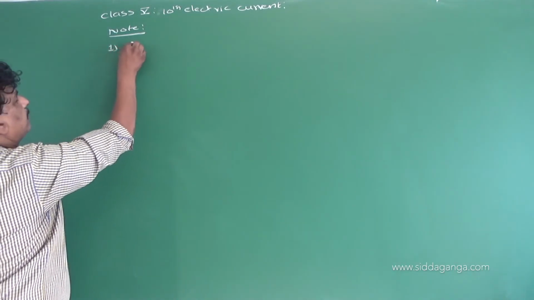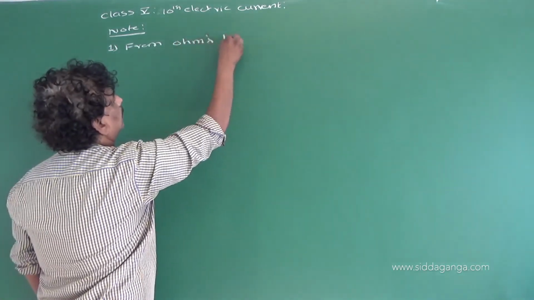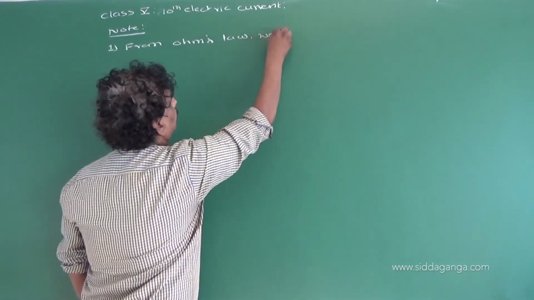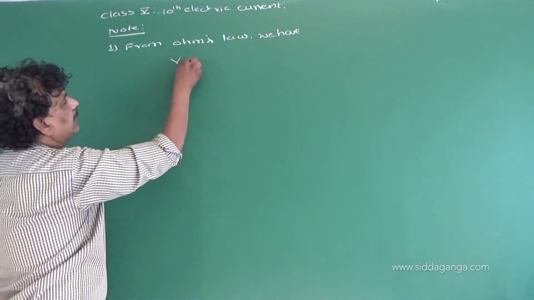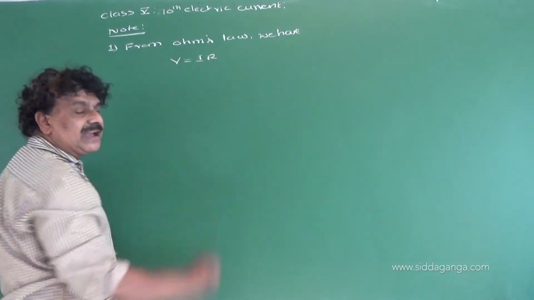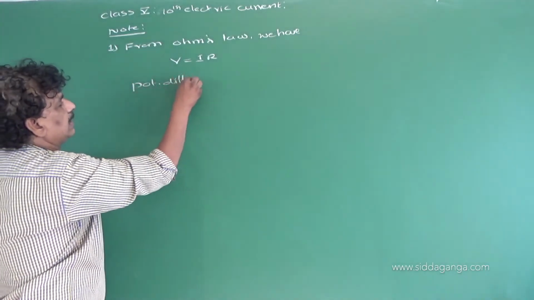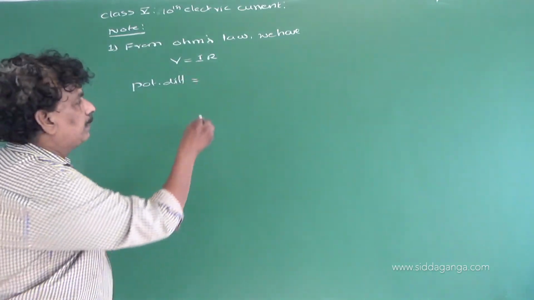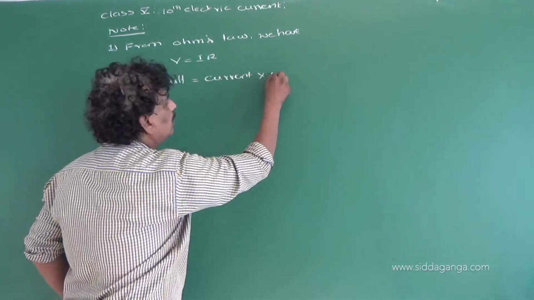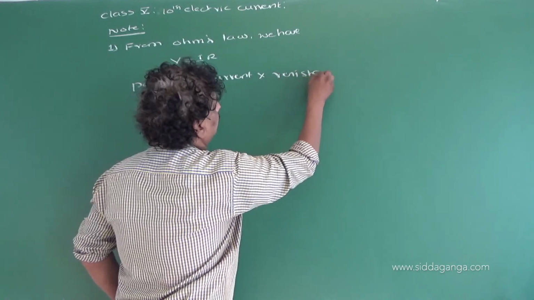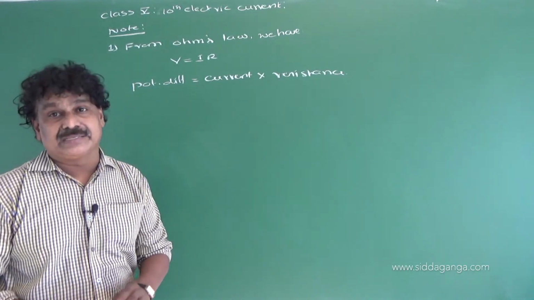Number one, from Ohm's law, we have V is equal to IR, that is, potential difference is equal to current into resistance.